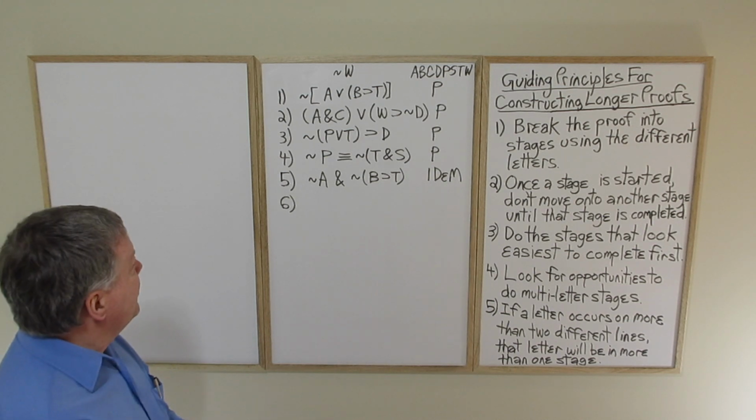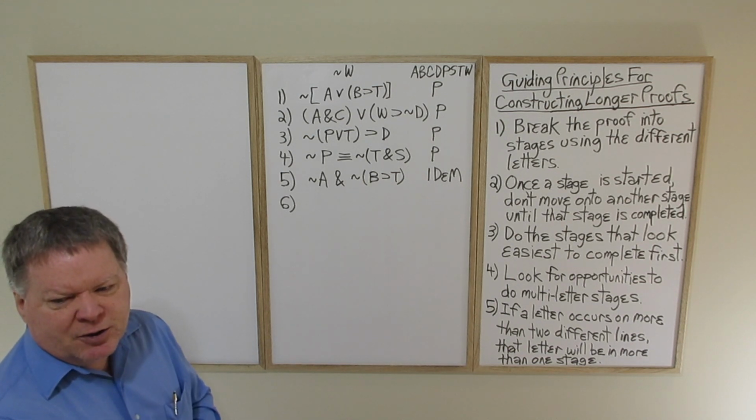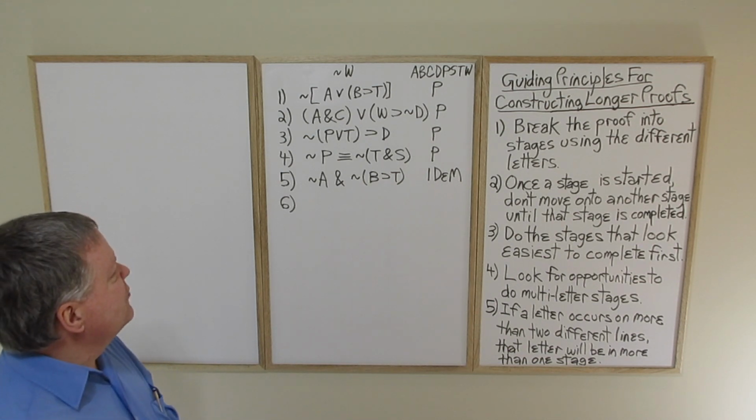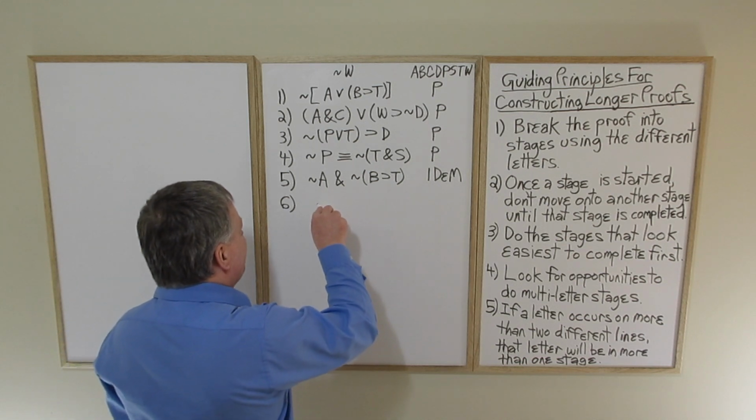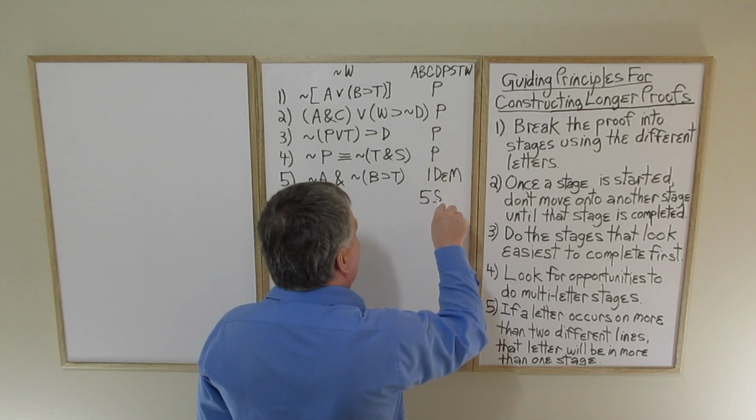In other words, the information that we have tells us we should do the A and C stage first. So we snap off tilde A, that's 5 simp.